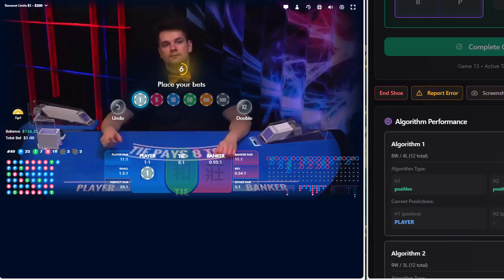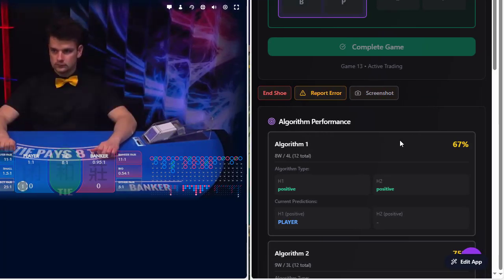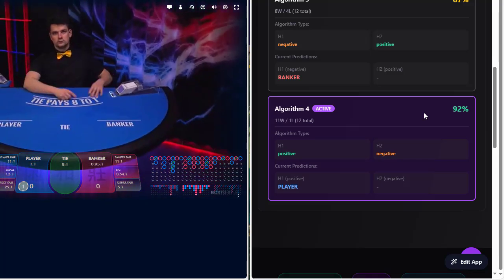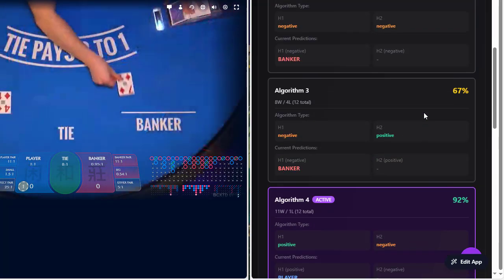All right, so ground up, typically based on what I've studied, if there is an algorithm that's at 100%, there's a lot of times where it can streak, and if you're only looking for 3 units, you want to take advantage of it, and that's the whole point of having these algorithms.